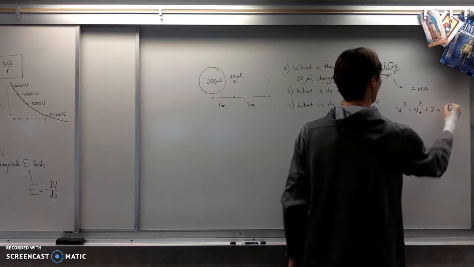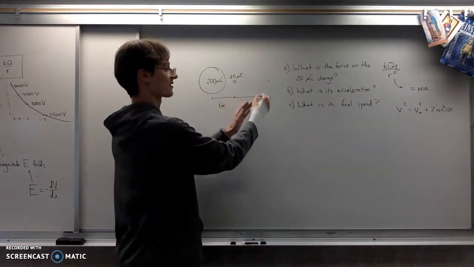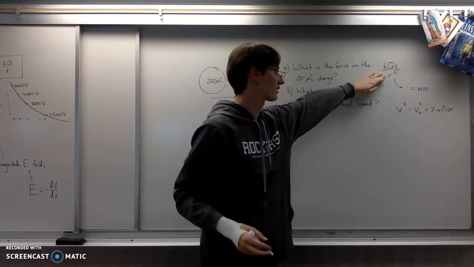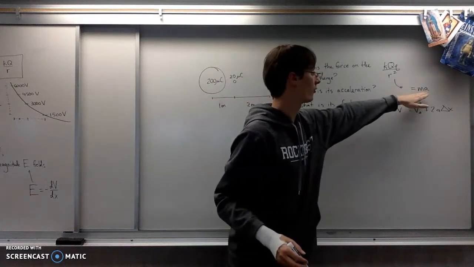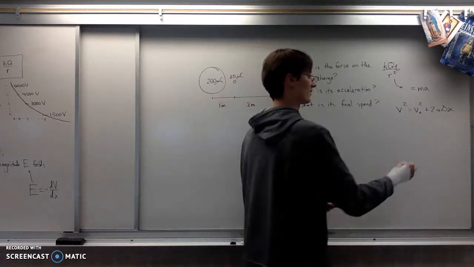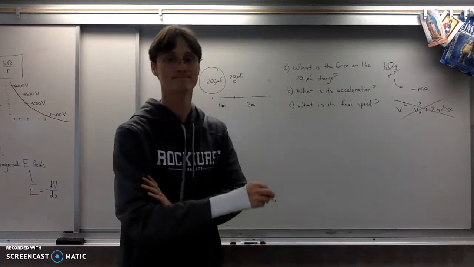Seems like this ought to work. The problem is that as the distance increases between these two charges, the force decreases, and therefore the acceleration decreases, which means this equation will not work.